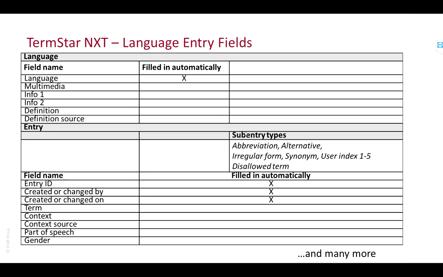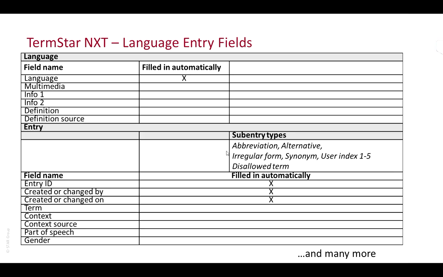Then we have language entry fields. Here's one field that's filled in automatically, and that's the language to which this entry belongs. And there are fields like multimedia, or then fields that can be customized, like info 1 or info 2. And as I mentioned, we have several sub-entry types, like abbreviation, alternative, irregular form, synonym, and several more.